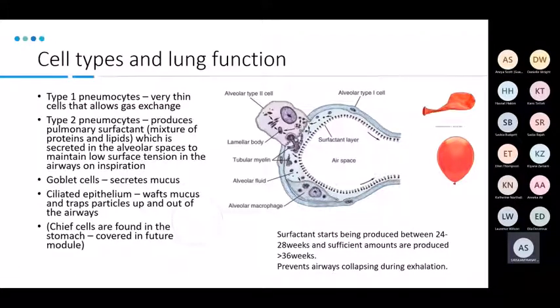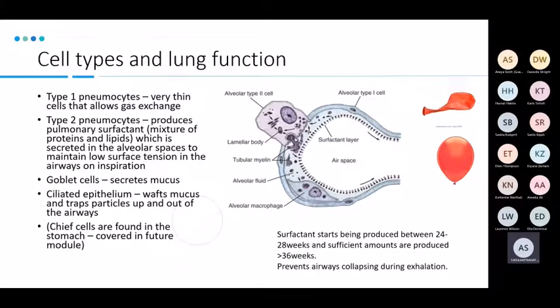Goblet cells secrete your mucus, and then you've got your ciliated epithelium, which moves this mucus and traps particles out of the airways. Your chief cells are found in the stomach, and you'll be covering that in the next module, so don't worry too much about it, but sometimes they might just throw random cell types in there.